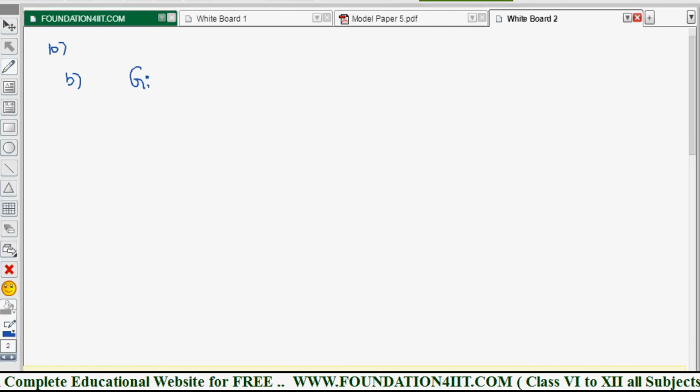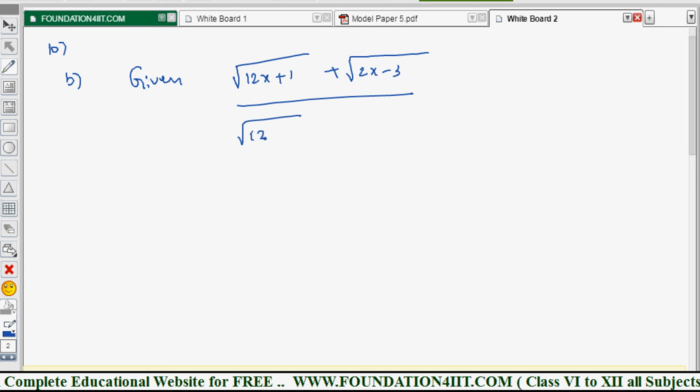Given equation is (square root of 12x plus 1 plus square root of 2x minus 3) divided by (square root of 12x plus 1 minus root 2x minus 3) is equal to 3 by 2.